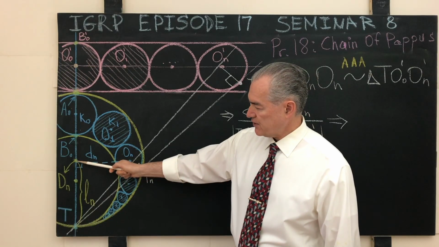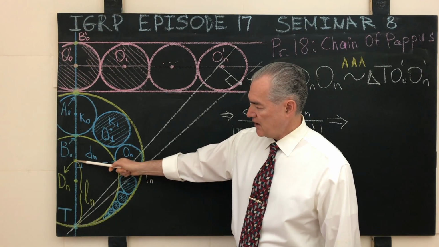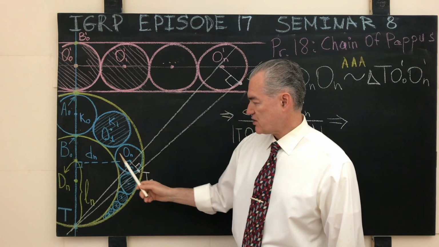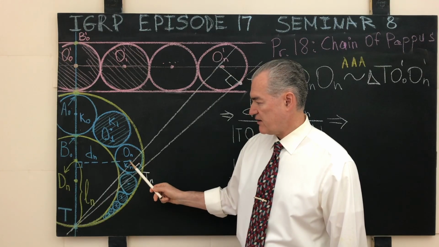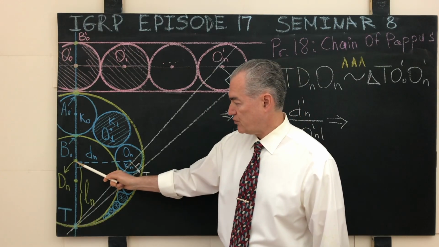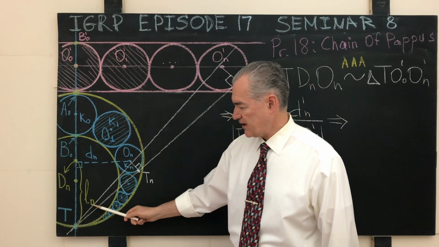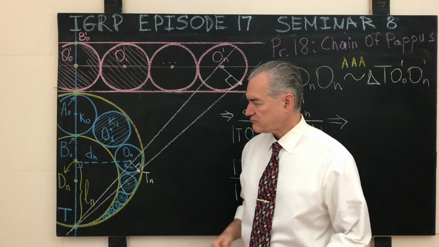And we will also recover the distance from the tangency point T to the projection of the center of the nth inscribed circle onto the line of centers. This distance over here I describe as L sub n.